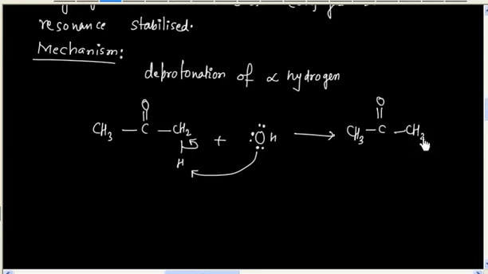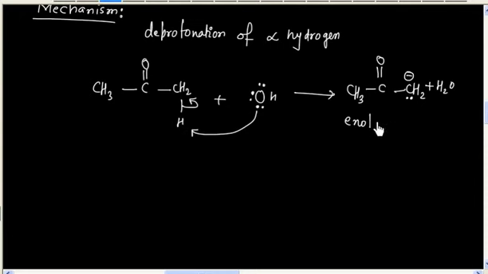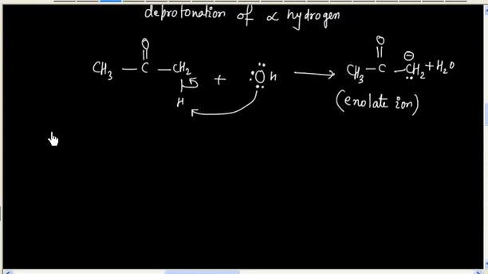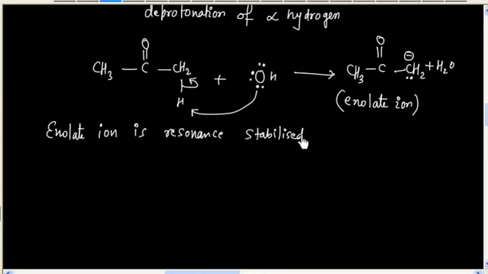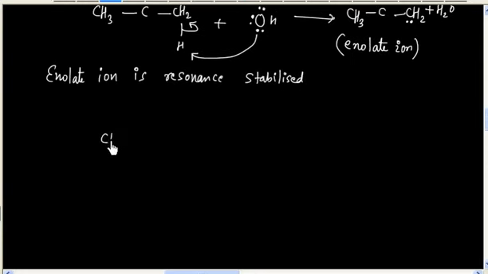So we will have enolate ion. This molecule is called enolate ion. Enolate ion is resonance stabilized, so we can write the resonating structure of enolate ion. This goes here and this goes here.